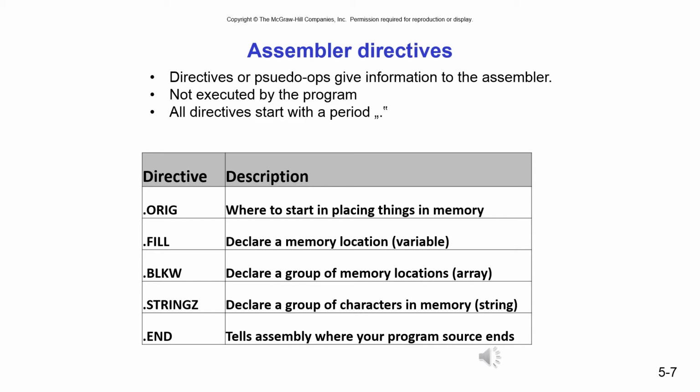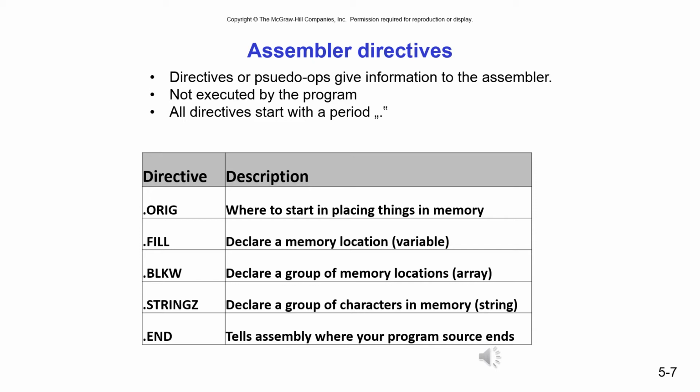So up till now, we've only used hex 3000, but we will, trust me, we will use other origin statements. And .END specifies the end of the program. .FILL is used to declare a memory location, and it's followed by a value, hex or decimal, X or pound, that will place that value in the next available memory location.